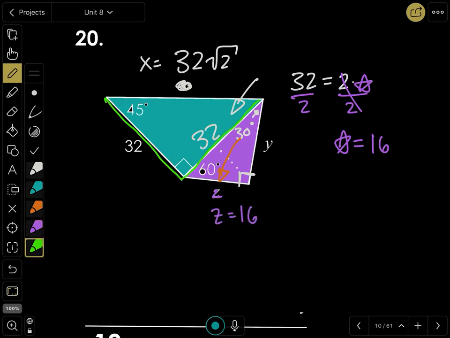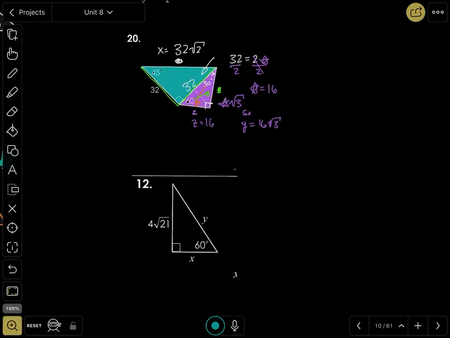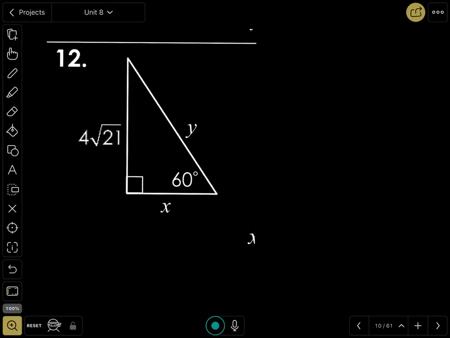And then finally, we have our 60. This one is usually the most tricky, but this one is just going to be our purple star times the square root of 3. And so really, we find y is just going to be 16 times the square root of 3. And moving on, just looking at this last one, 30, 60, 90.